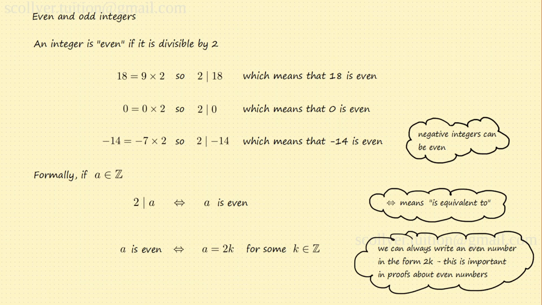We'll now look at one of the most important concepts in divisibility, which is the idea of even and odd integers. An integer is even if it is divisible by 2.